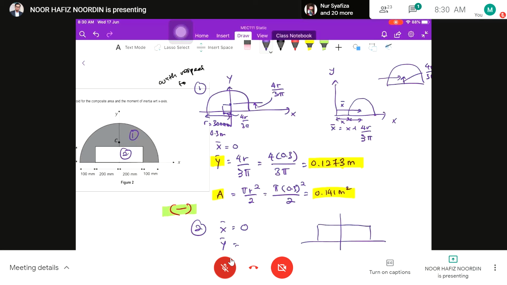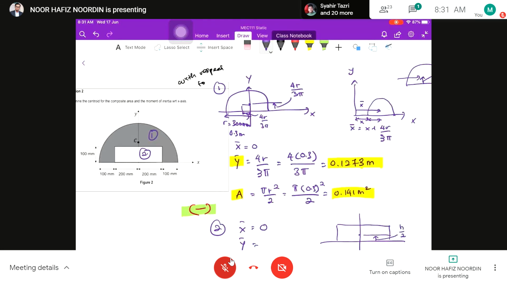So kita punya titik tengah untuk ni adalah di sini, which is h divided by 2 lah, height dia tu. Height dia is 100 mm. So y bar is h divided by 2, 0.1 divided by 2, dapat 0.05.